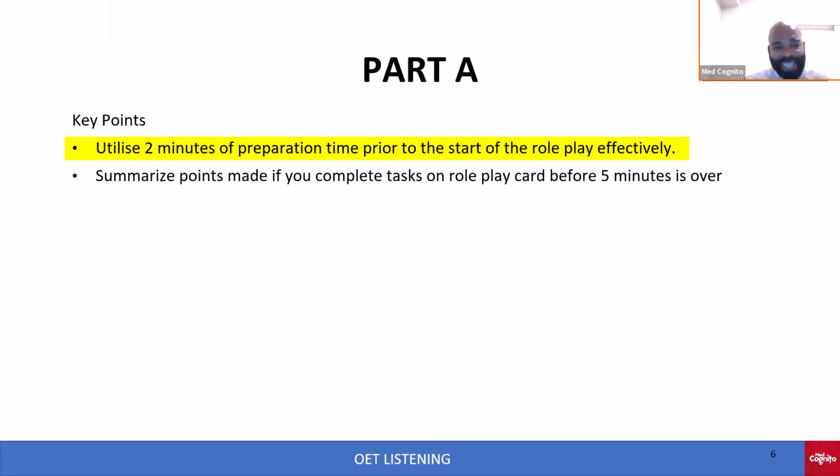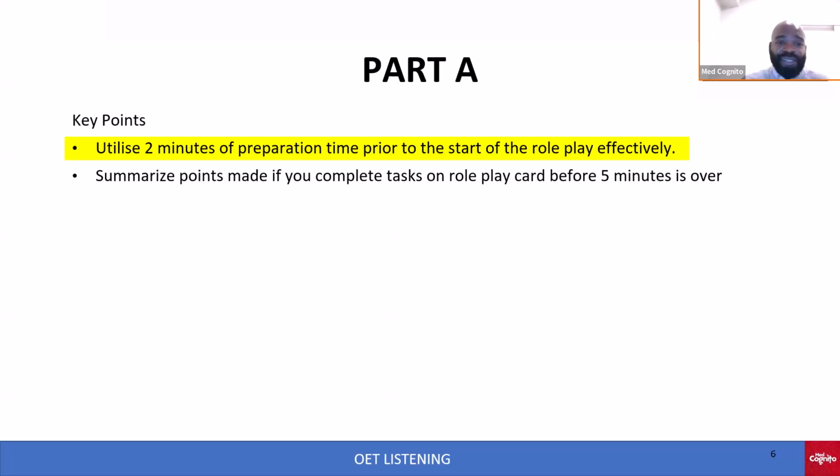And so please take advantage of this 2 minutes of preparation very well. You quickly read through the points that are on the role play card. You think through it, begin to put your thoughts together as to how you think the conversation would go, and then prepare yourself how you would respond for given questions that may be asked. And so please utilize this 2 minutes very carefully. That is your best friend.